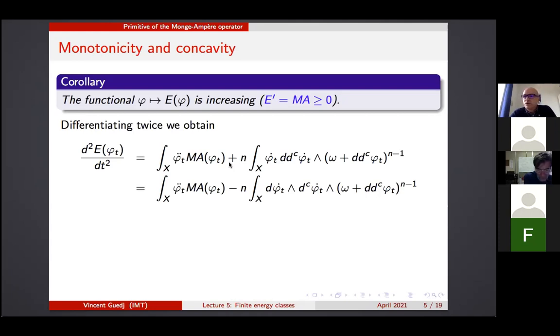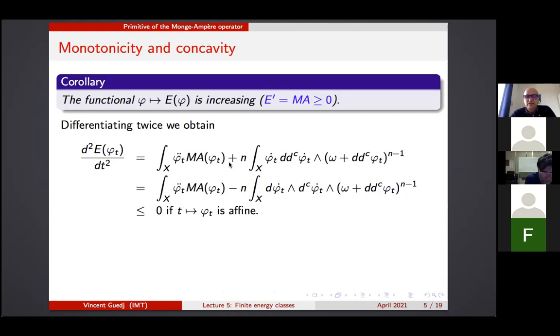And this last term, you can interpret it, modulo this normalizing constant, as the square of the gradient of phi t dot with respect to the Kähler form omega phi t. So in particular, if the path t goes to phi t is affine in t, so if you move along a Euclidean segment in the set of Kähler potentials, then the first term is 0 because phi t double dot is 0, and the last term is negative because it's minus the square of the L2 norm of the gradient of phi t dot.